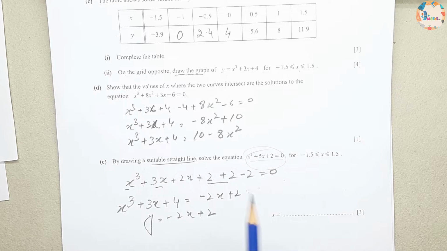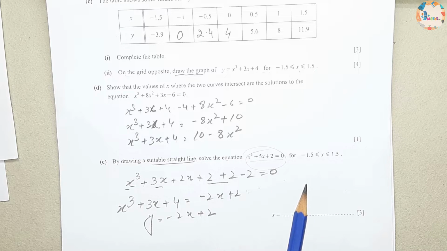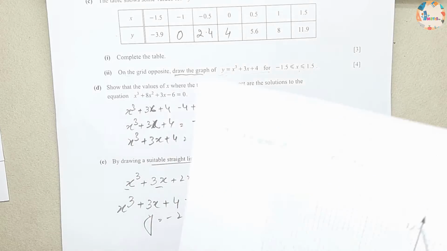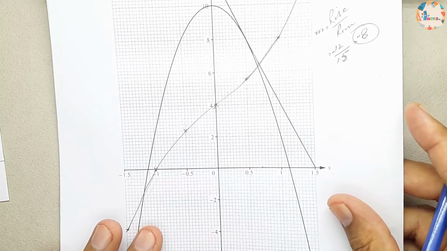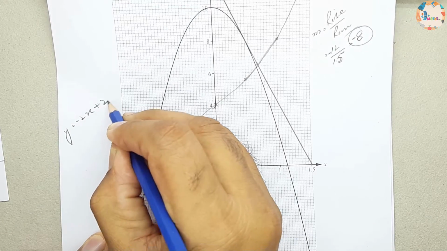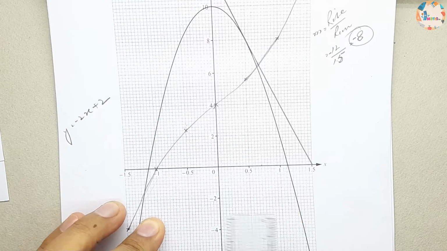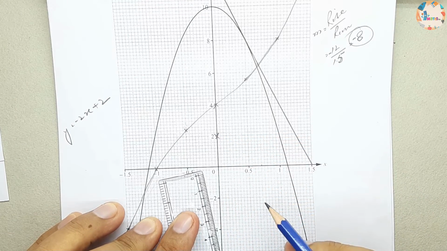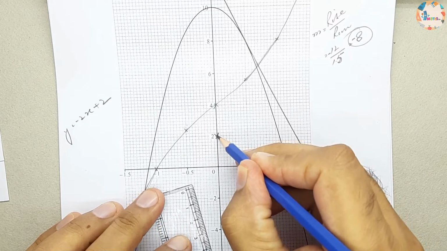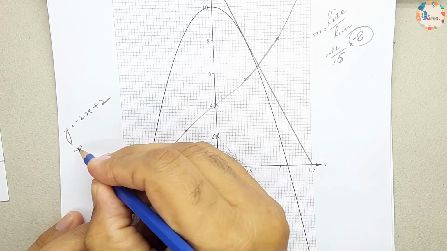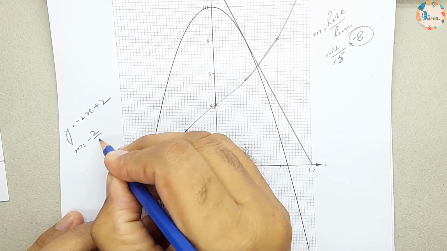And now, by drawing this, we have to draw this line on that graph, and the graph I will show you again. We write y is equal to minus 2x plus 2. I have written this equation. So the line is passing through plus 2, so this is the point through which this line is passing, and the gradient is minus 2. So we can write m is equal to minus 2 over 1.